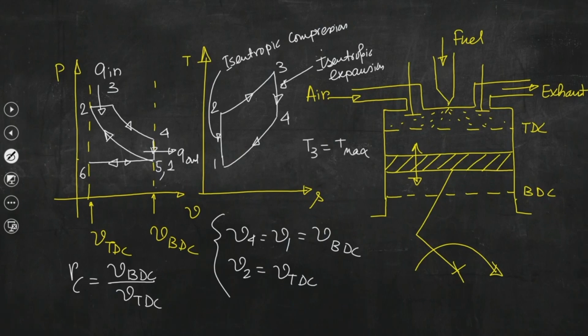So, when the combustion process is completed, the rise in temperature will lead to the maximum temperature, and that is T3. Similarly, P3 equal to P max equal to P2. P2 is also equal to P3, because momentarily that pressure is remaining constant, and this pressure is almost the maximum pressure of this cycle. Okay.